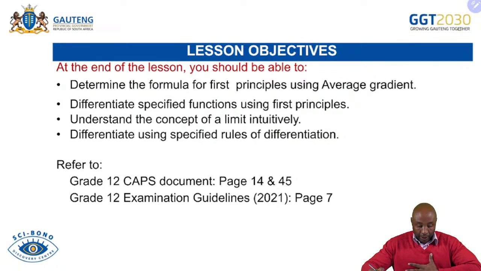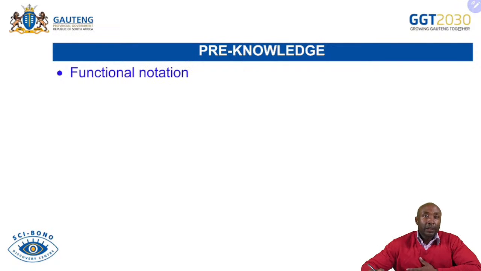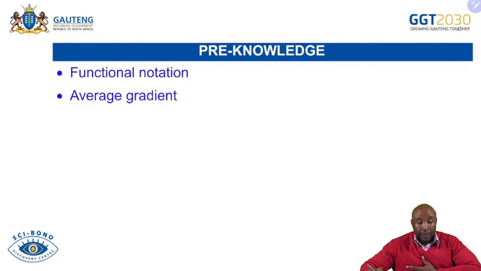Now we can refer to our CAPS document as well as our examination guidelines. We will need this knowledge. We need functional notation. We need the knowledge of average gradient. I hope you remember this one.